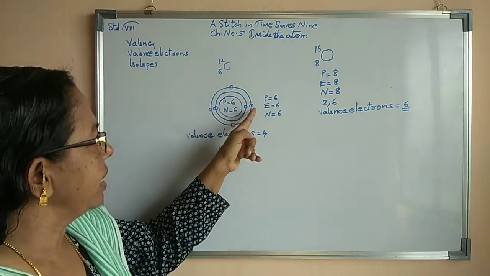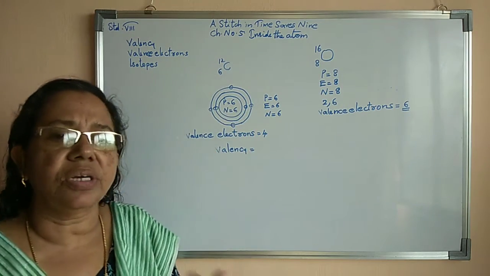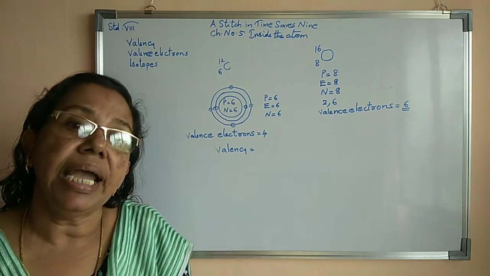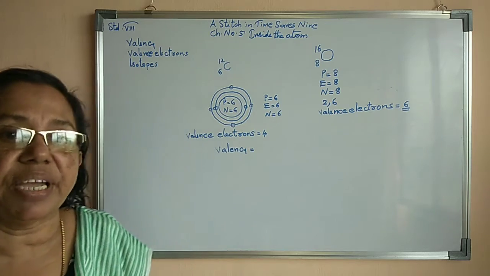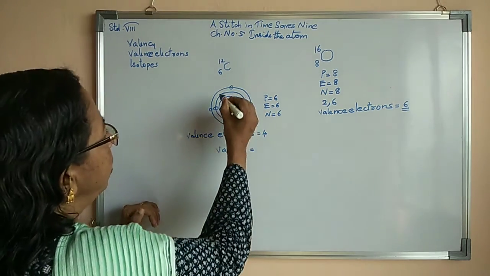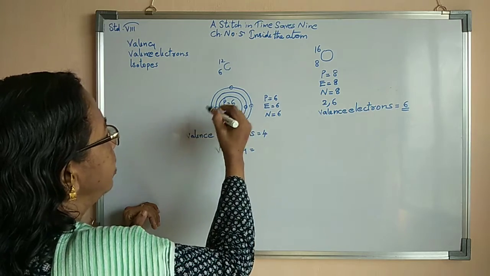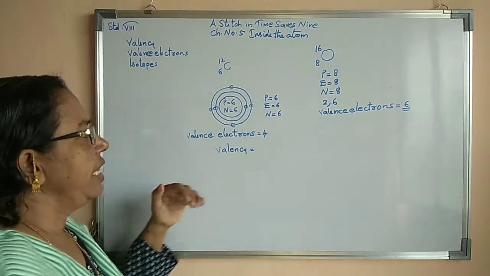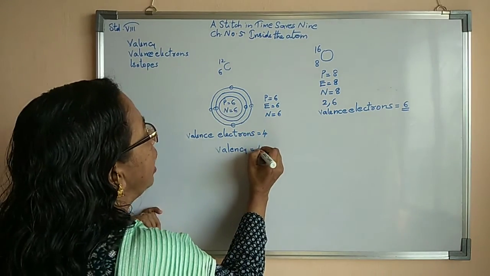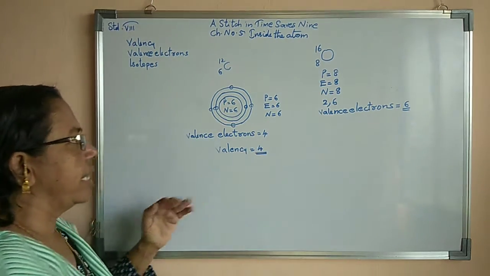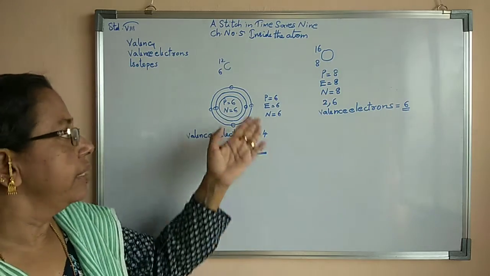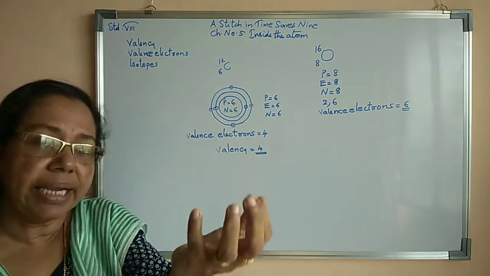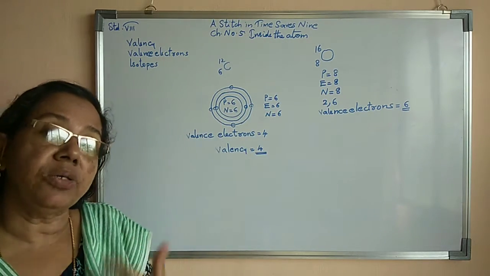For completing its octet, meaning for completing its 8 electrons, how many more electrons it requires, that we have to find out. Here a total of 4 electrons are there, 4 plus 4 will be 8. So we can say how many more electrons are required to complete its octet, either by gaining electrons or by losing electrons.